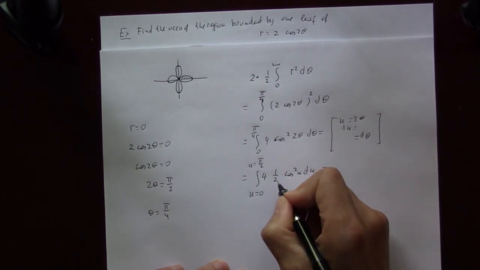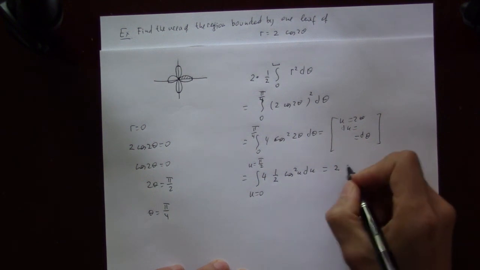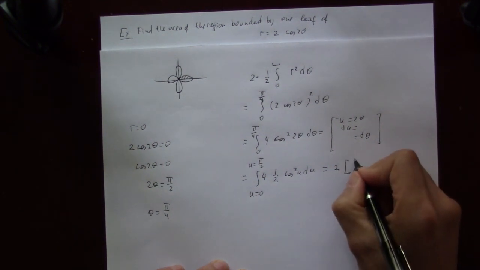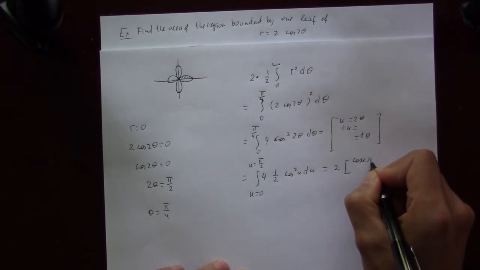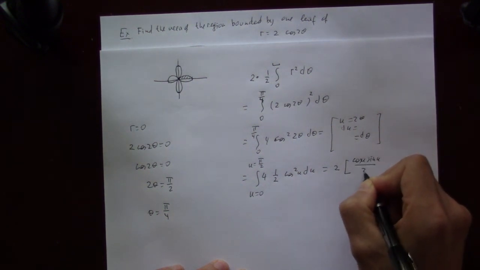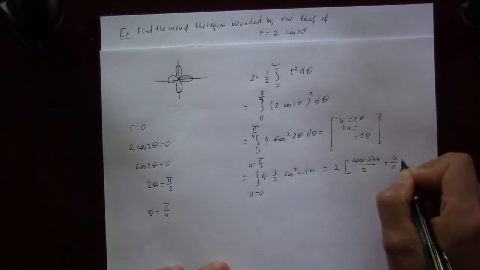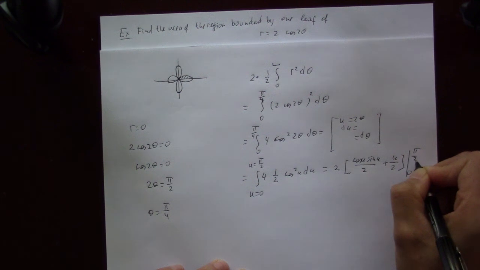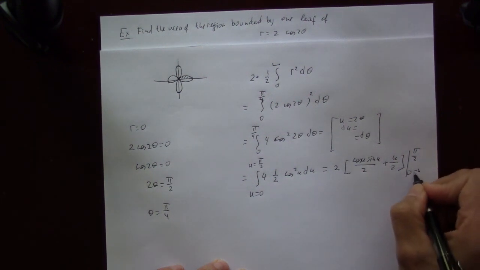So we're going to get 4 times 1/2 is 2. Antiderivative of cosine squared, using the cosine reduction formula: cosine u sine u over 2 plus u over 2, and we're doing it from 0 to pi over 2 in terms of u.